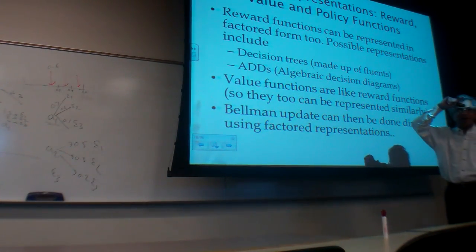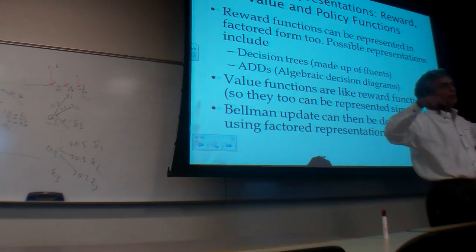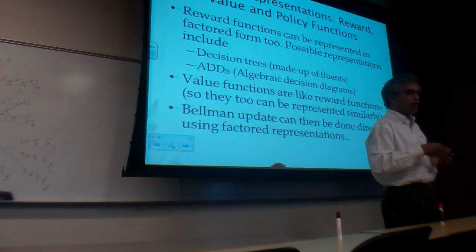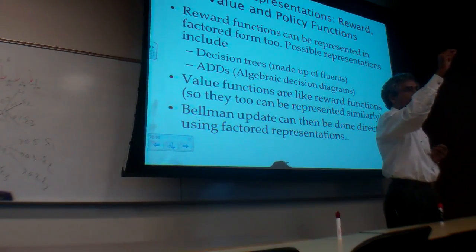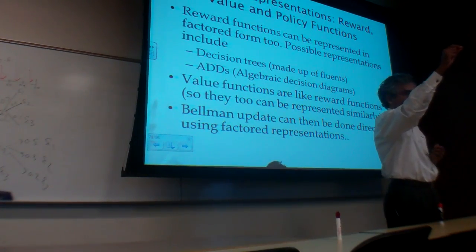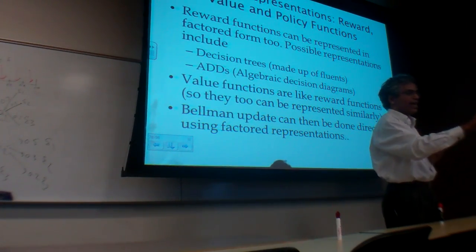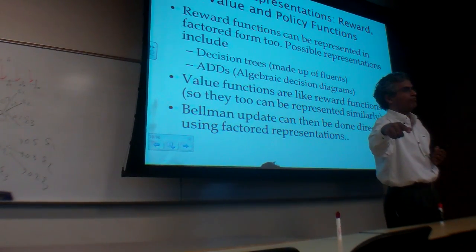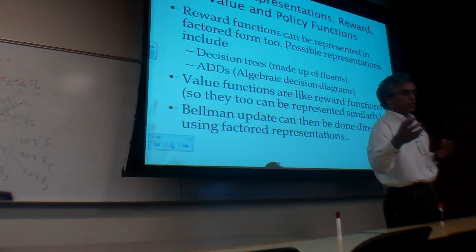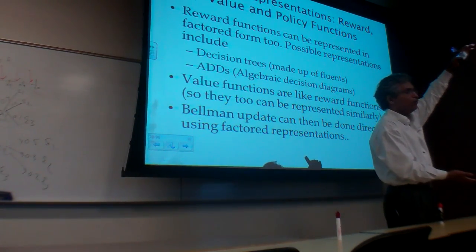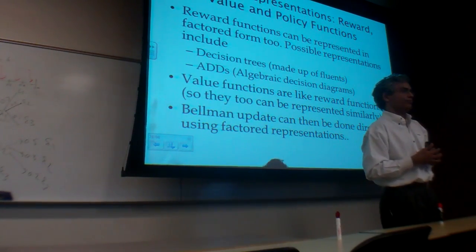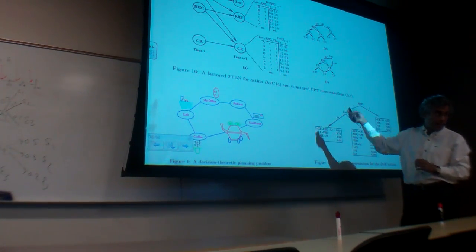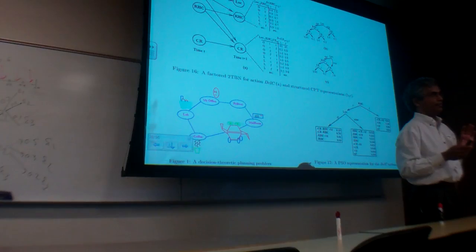Normally you have a big tabular representation for the states and their values. Now you give an ADD representation, which tells you if the first variable is true, second variable is false, then its value is 0.7. If the second variable is true, then its value is 10. That is representing the entire value table as an ADD, just as I represented the CPT as an ADD.